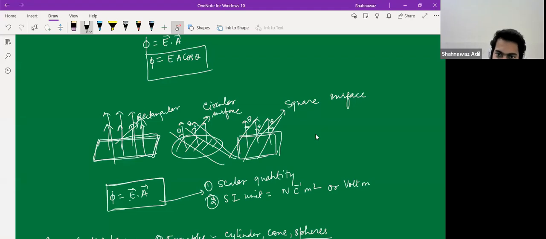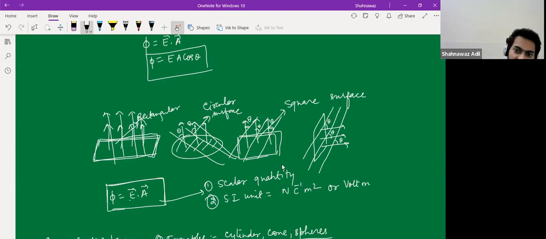Let me draw it here. Let's say you have this surface, and the normal vector is this. You can see that this angle is always the same: this is theta, this is theta, this is theta, for the case of this plane surface.